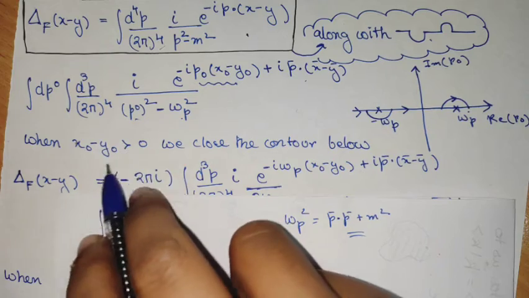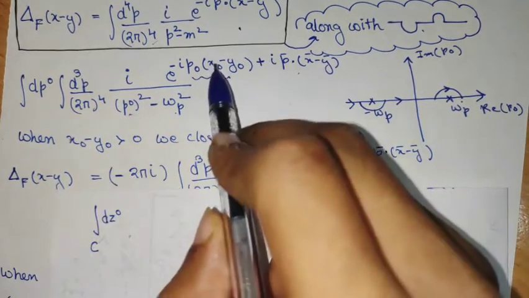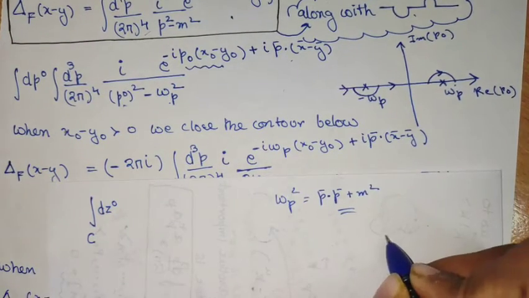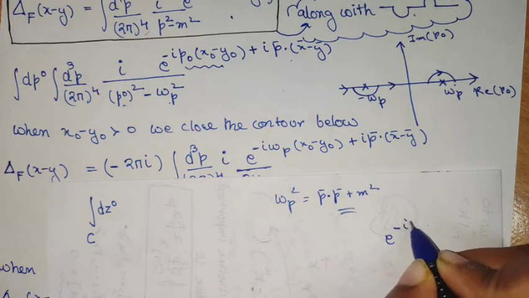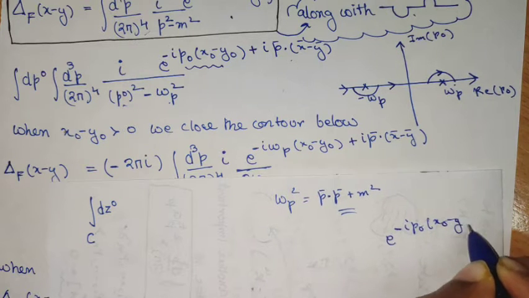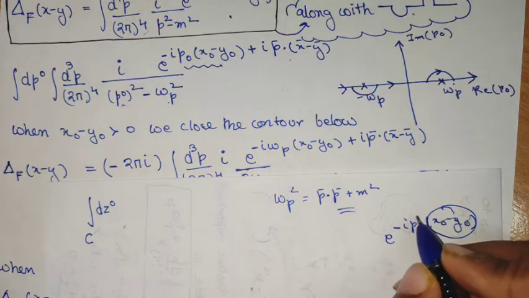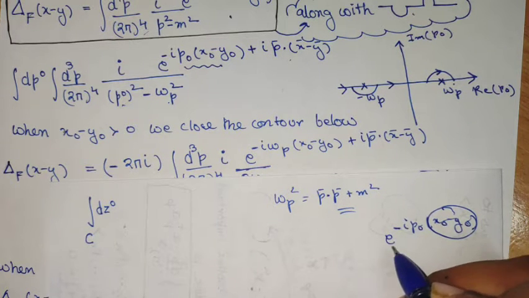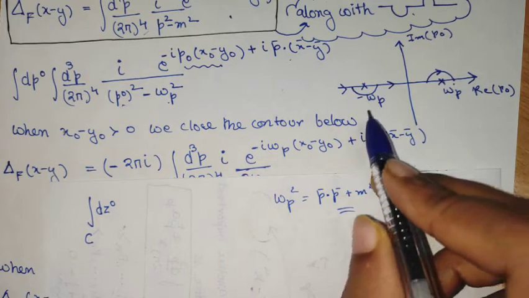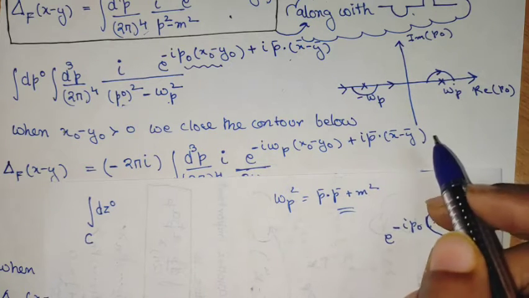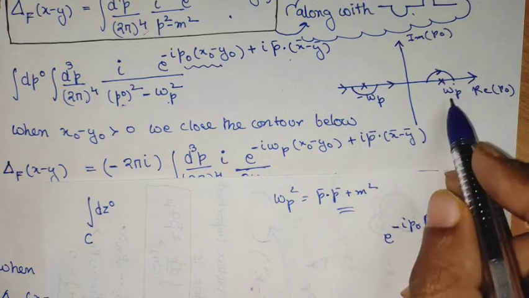But if x0 minus y0 is positive, then e power minus i p0 (x0 minus y0), this thing is some positive quantity, but I need an exponentially decaying function over the arc where I will be performing the contour integration, so that the arc will vanish.